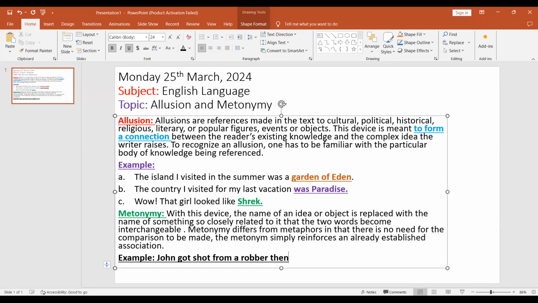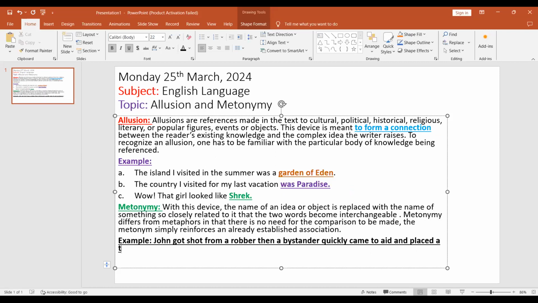Then a bystander quickly came to his aid and placed a towel at his wound to prevent his life from spilling.